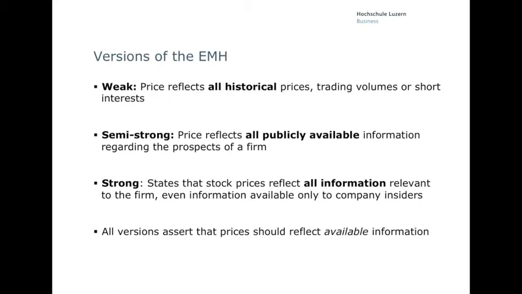Third, the strong form of the efficient market hypothesis holds that current market prices reflect all information, whether publicly available or privately held, that can be relevant to the valuation of the firm. Empirical evidence suggests that strong form efficiency does not hold.